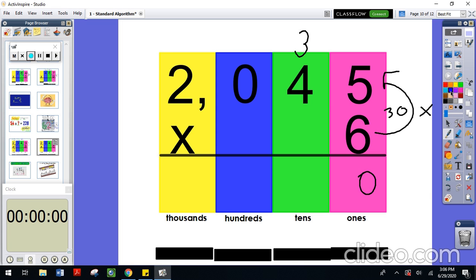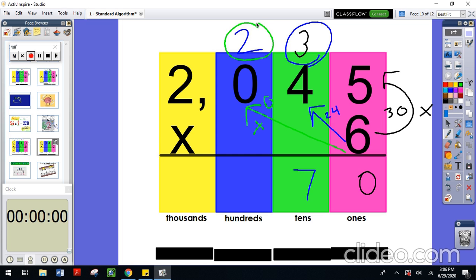Then we move to our tens place. That gives me 6 times 4. 6 times 4 is 24, plus 3 more would give me 27. 7 on the bottom, 2 on the top. Then we move to our hundreds place, which gives me 6 times 0. Anything times 0 is always 0, but we can't forget the 2 at the top.